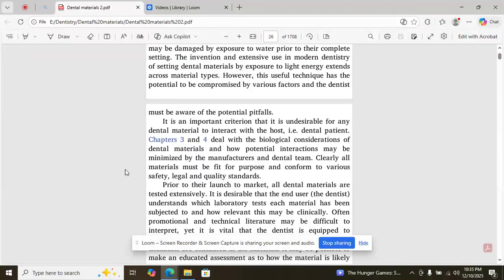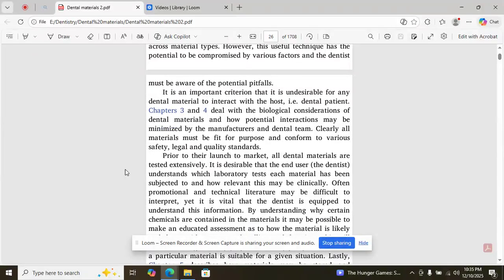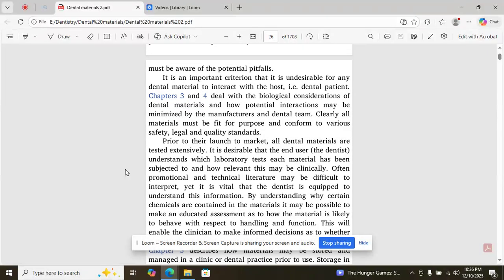Often promotional and technical literature may be difficult to interpret, yet it is vital that the dentist is equipped to understand this information. By understanding why certain chemicals are contained in the materials, it may be possible to make an educated assessment as to how the material is likely to behave with respect to handling and function.